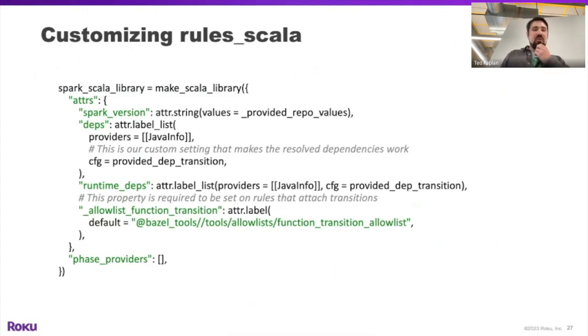So we can use their function make_scala_library to define our own version with transitions. Here, I'm defining a new custom rule called spark_scala_library that will transition all of its dependencies to the Spark version that you specify.